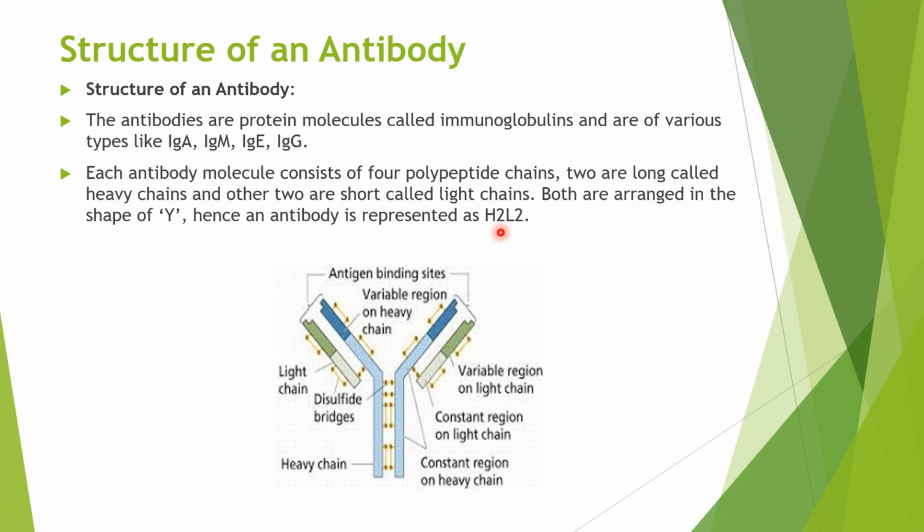The primary and secondary immune responses are carried out with the help of 2 special types of lymphocytes present in our blood. First is the B lymphocyte and second is the T lymphocyte.